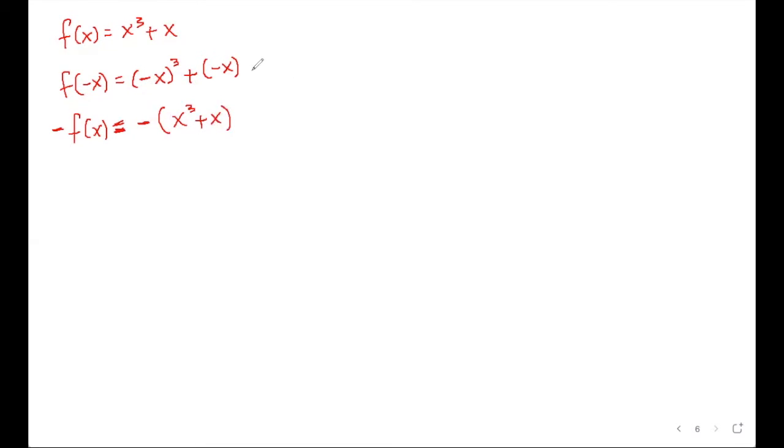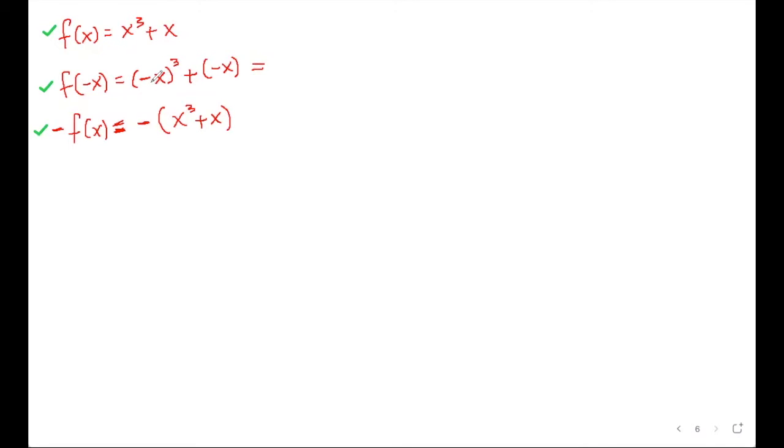Now we have to simplify these because we have to check which one is equal to the other. Here the function is simplified already: x cubed plus x.